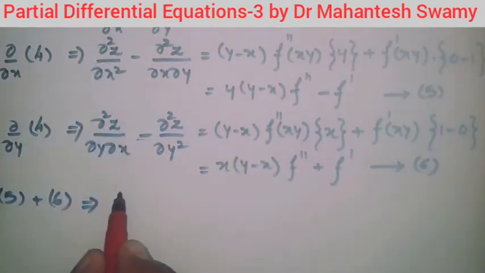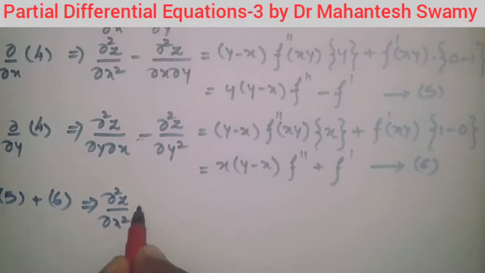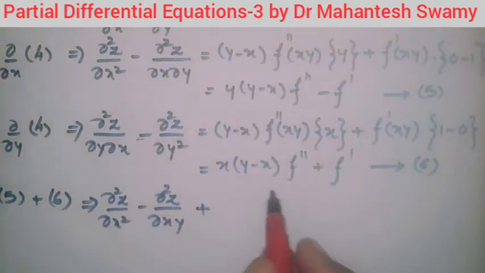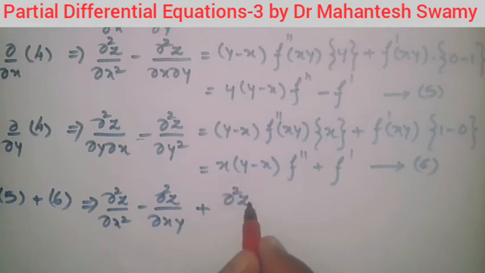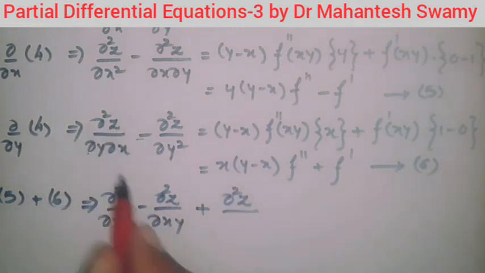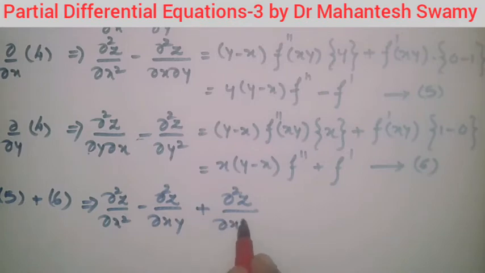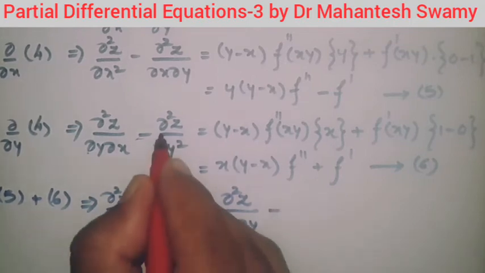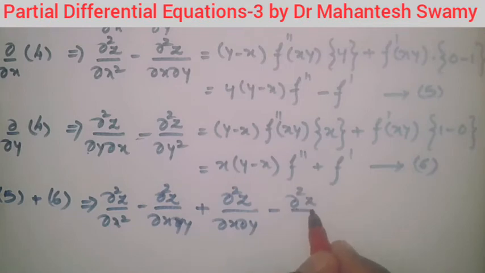So this ∂²z/∂x² minus ∂²z/∂x∂y, the LHS of equation 5, plus the LHS of equation 6, that is ∂²z/∂y∂x, we know that ∂²z/∂y∂x is the same as ∂²z/∂x∂y, so one can simply interchange the order here, minus this is ∂²z/∂y², the LHS of equations 5 and 6 we have written.